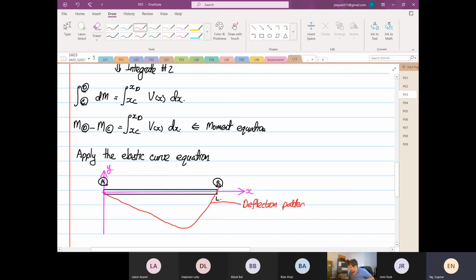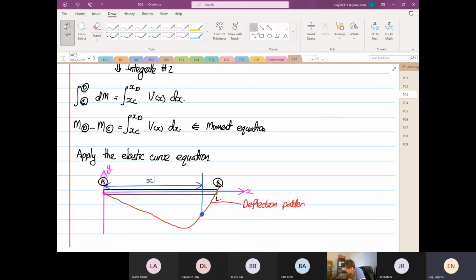So let's say we want to find, at a certain distance, this point, what is the deflection and what is the slope. So over here, I'm going to project a line. And this distance is our x. X is a variable, any position, as long as it is within the L distance.